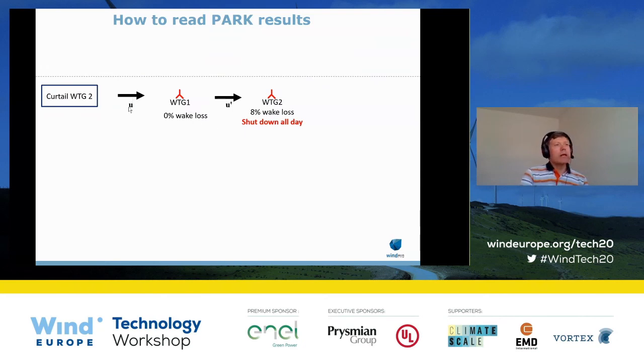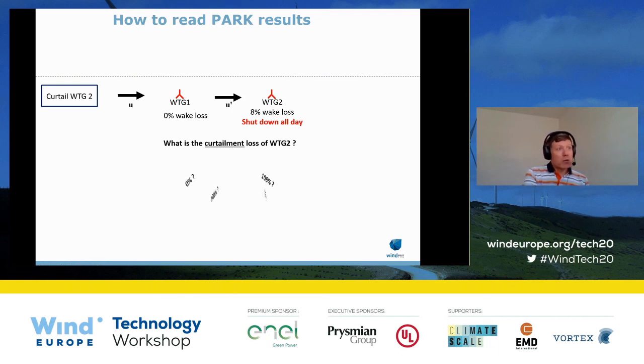But number two receives less wind, and therefore it experiences some losses. In this case, we estimate something like 8%. But what happens if on top of those losses, we shut down the turbine for the whole day? So the question would be, what is the curtailment losses, specifically the curtailment losses on number two?